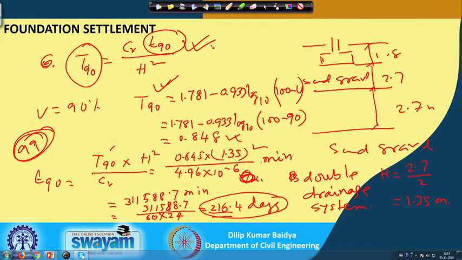So, this problem is a complete application of all those things: consolidation data, from there calculation of CC, then applying the log formula to find out the total settlement, and then applying the time factor equation to find out the time required to achieve a certain degree of consolidation settlement in the particular layer.